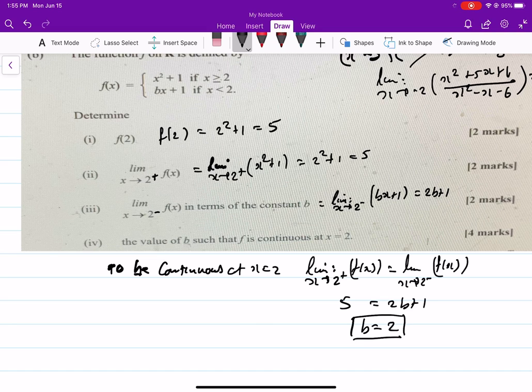So that condition alone would simply mean that the limit exists. The other 2 conditions that must hold are that the function is defined at x equal to 2, and it is right there. The value is 5. And the third condition is that the value of the function must be equal to the value of the limit, and it is.